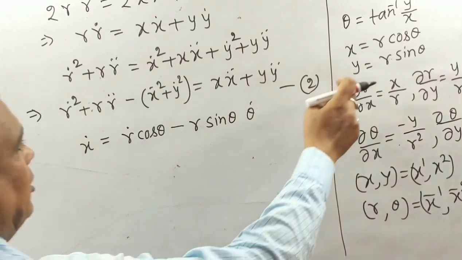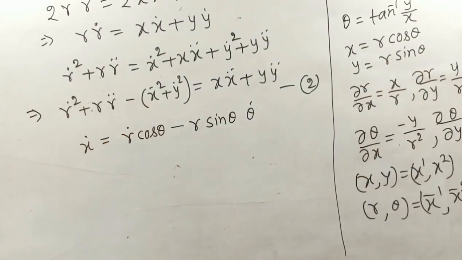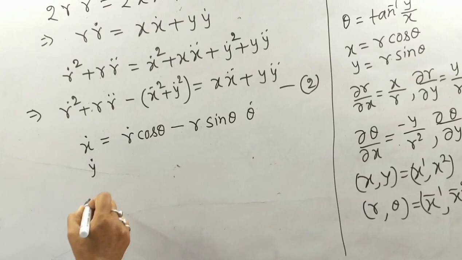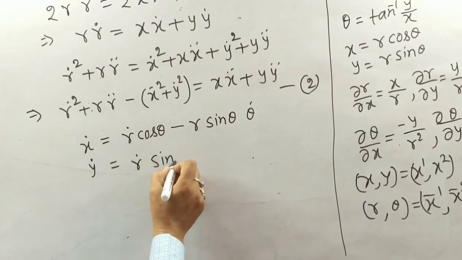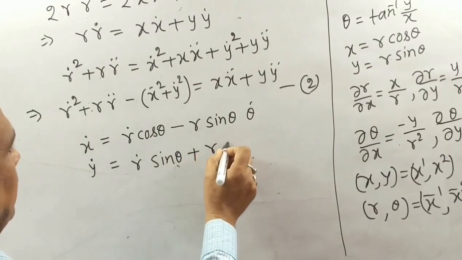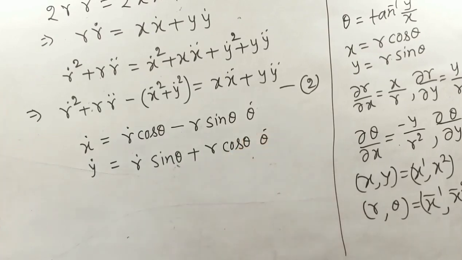Again differentiating y equal to r sin theta on both sides with respect to t, we get y dot equal to r dot sin theta plus r cos theta theta dot.